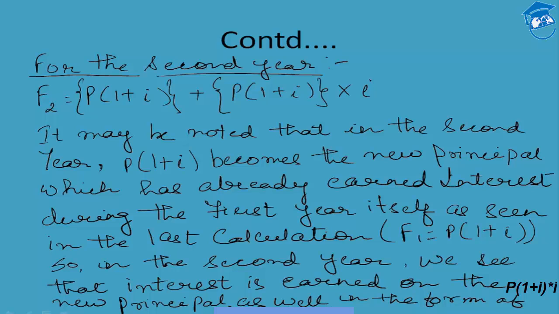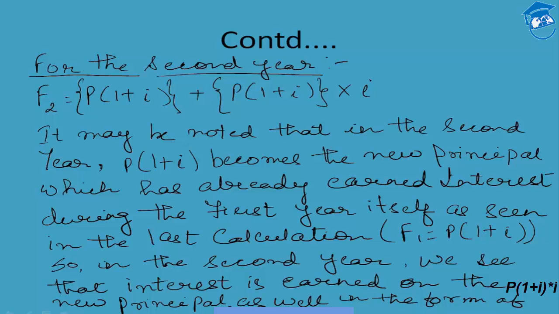So, for the second year, just try to recollect what I said during my original discussion: that under compound interest, under the process of compounding, your interest becomes your new principal. Your interest becomes your new principal. Again recollect the simple example of $100 increasing by 10%.